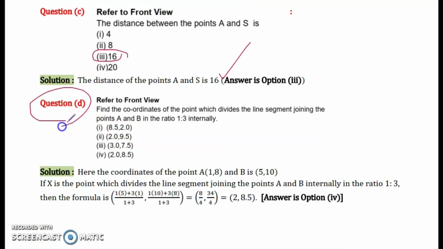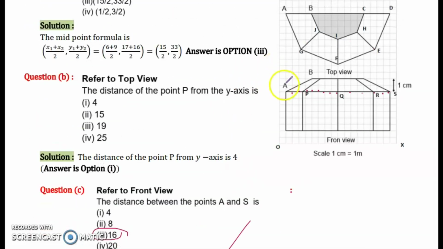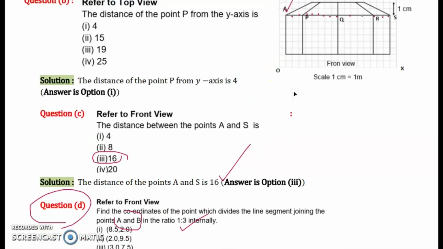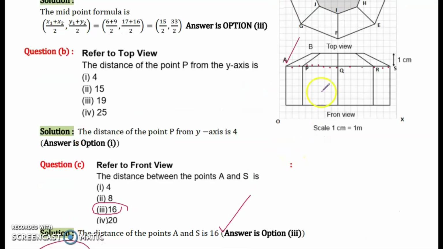Question number D. Find the coordinates of the point which divides the line segment joining the points capital A and capital B in the ratio 1:3 internally. Now see the diagram. A we already discussed, it is 1 comma 8, and the next point is given to be B. B is going to be 5 comma 10.